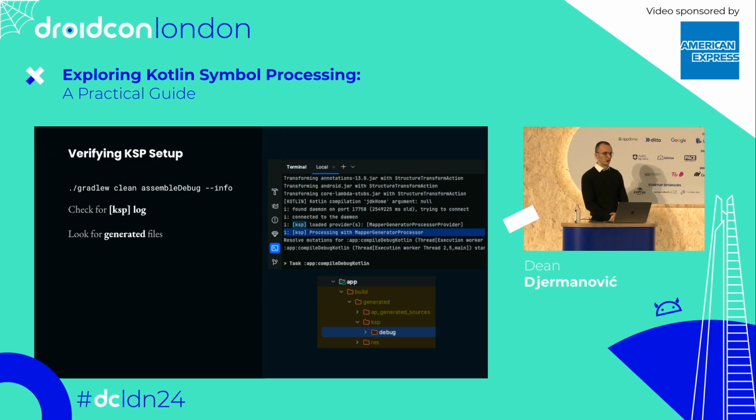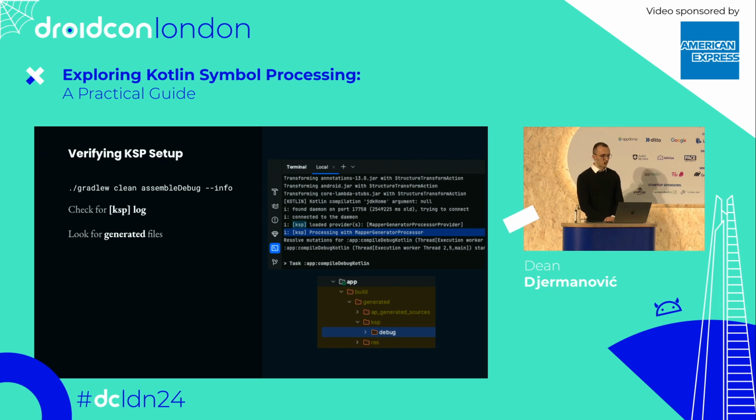And that's it. Now we can verify if everything is set up correctly. To do that, we can run this Gradle command. This command will clean the build directory of our project, and it will assemble the debug variant of our application. We also have to specify this info flag here to make sure that the logs that we print from our symbol processor are visible in the console output.